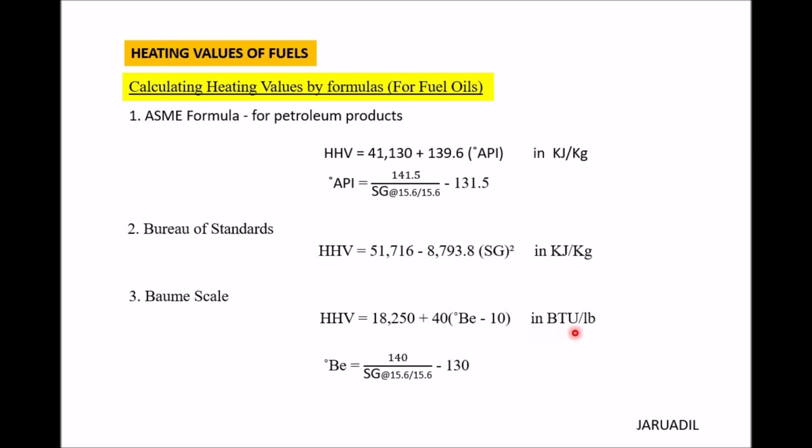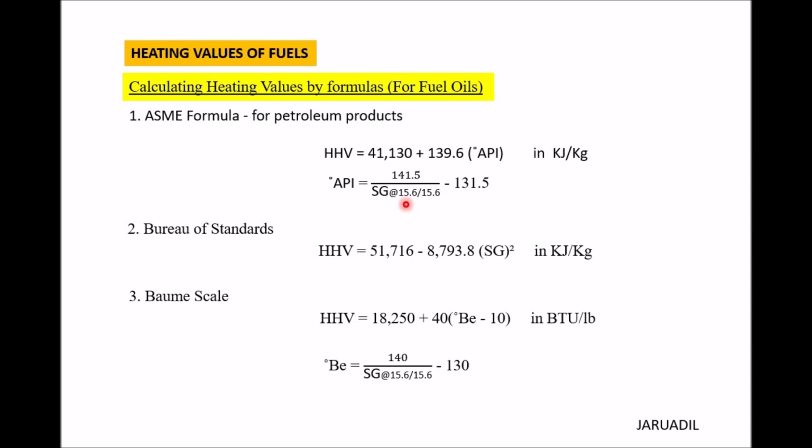This is in BTU per pound. And the degree Baum is equal to 140 divided by the specific gravity of the fuel at 15.6 degrees Celsius or at 60 degrees Fahrenheit minus 130.